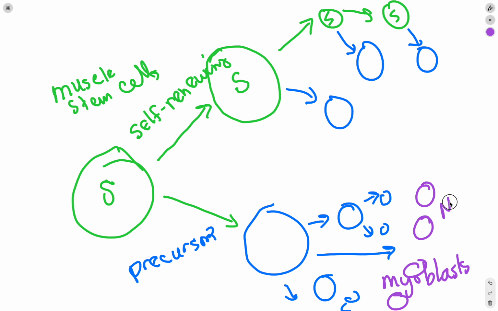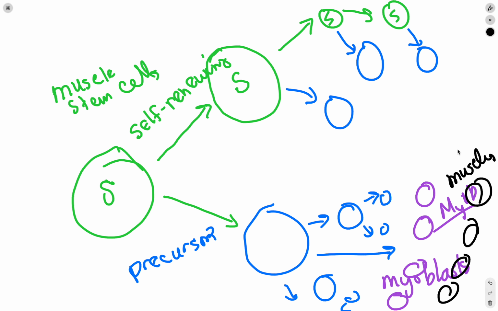They're going to eventually express MyoD and differentiate into muscle cells. So this is a nice drawing of what happens there. As long as the satellite muscle stem cell is stimulated to divide and go through the cell cycle, it'll just be producing more and more of these precursors and more muscle tissue. Yay. Okay? So these are precursors.